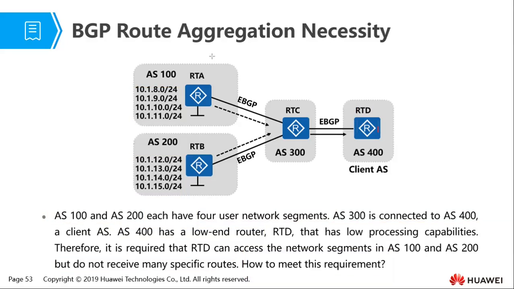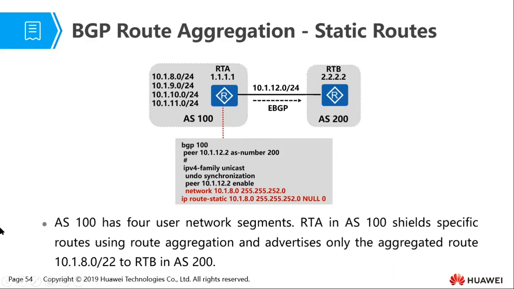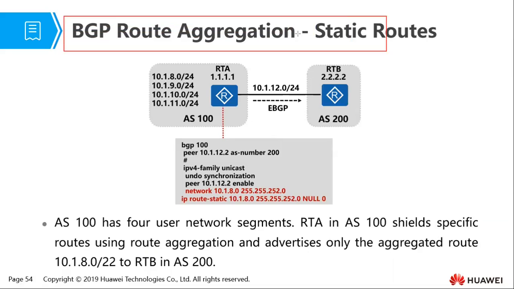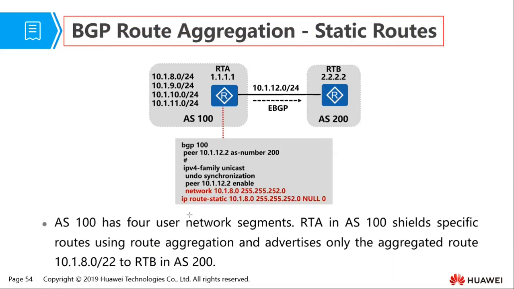So let's see, how do we configure this? We want to look at BGP route aggregation, and we are looking at static routes. So how do we aggregate static routes?